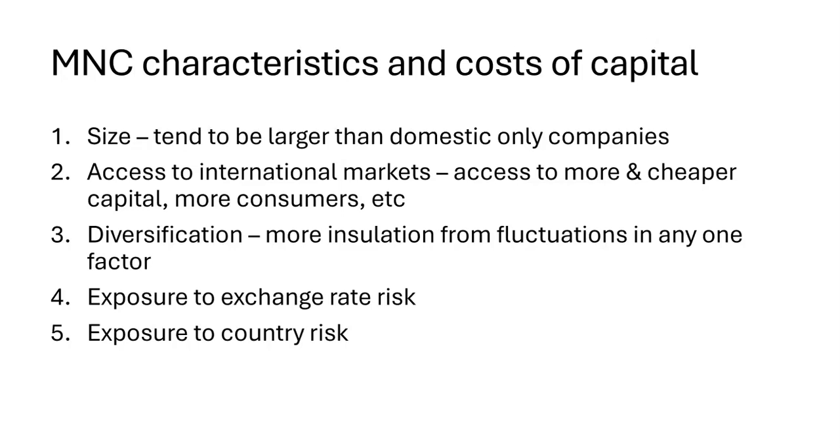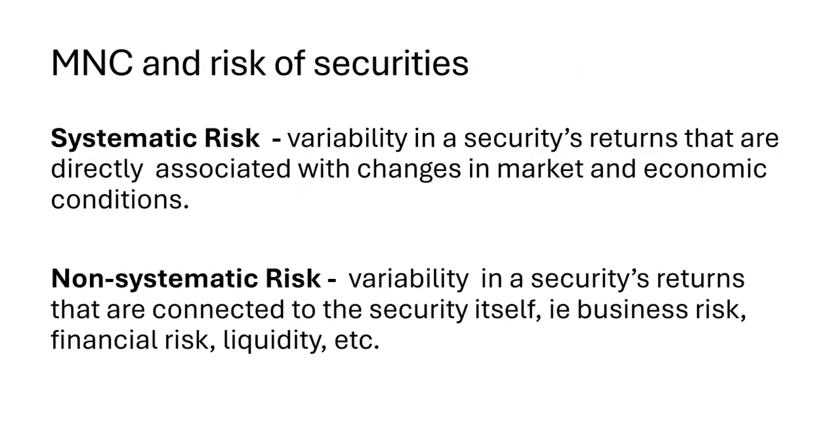Now, when we look at these costs, we've got to, again, do a risk analysis. There are two types of risks, general types of risks that we're looking at. One is a systematic risk, and that's a risk directly associated with the market and economic conditions.